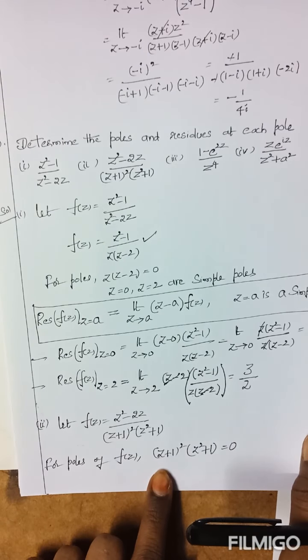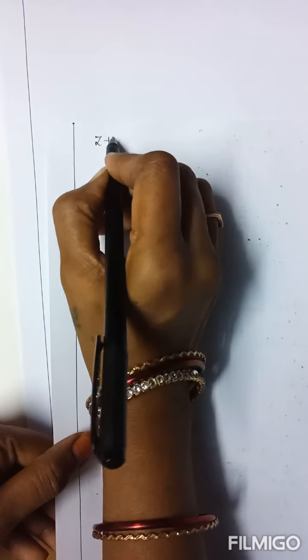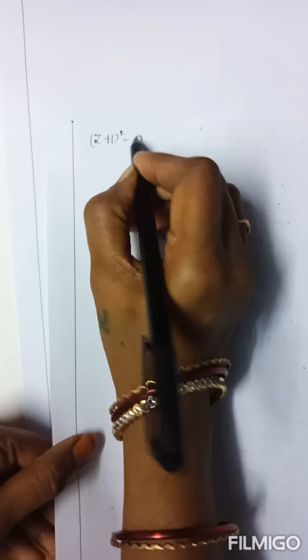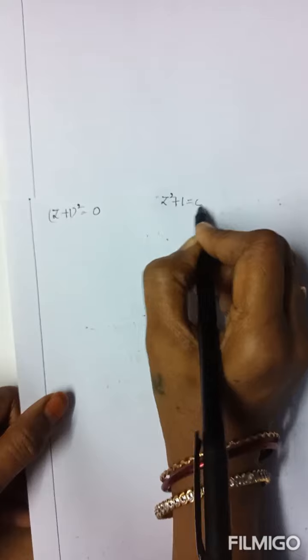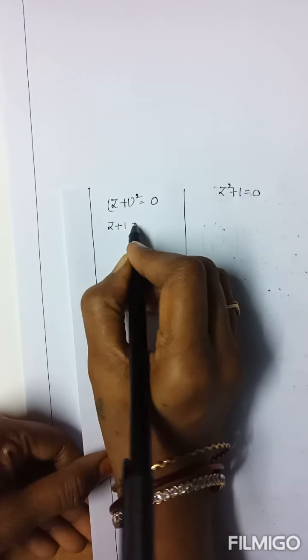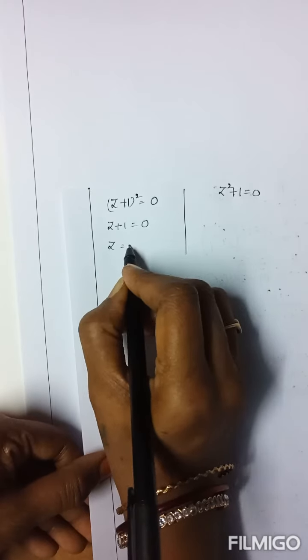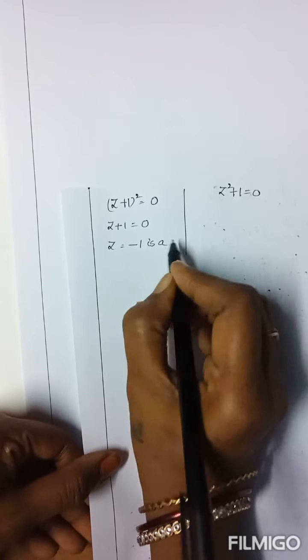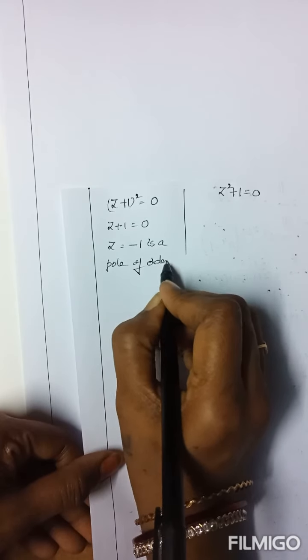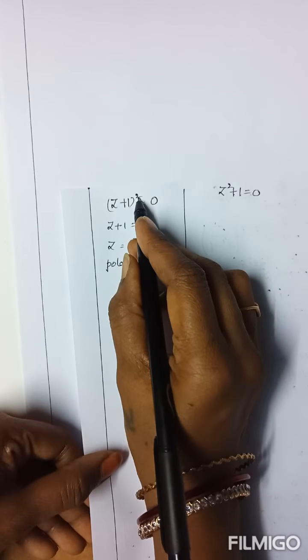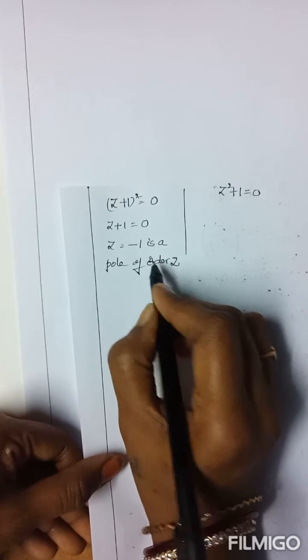The first factor is (z plus 1) whole square equal to 0, the second factor is z square plus 1 equal to 0. Now z plus 1 equal to 0, z equals minus 1 is a pole of order 2.